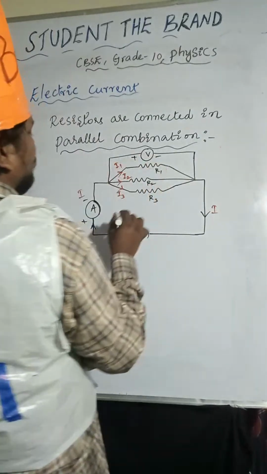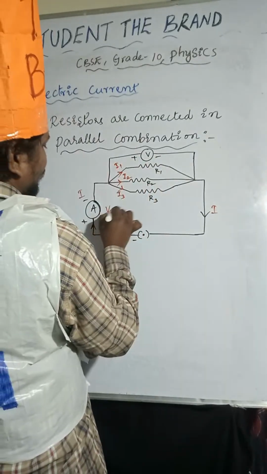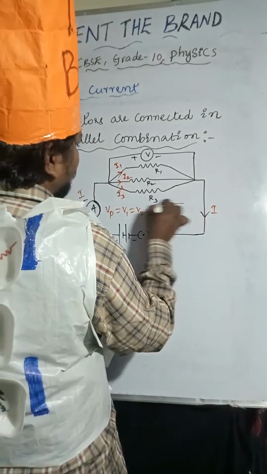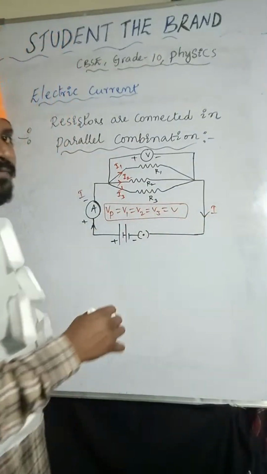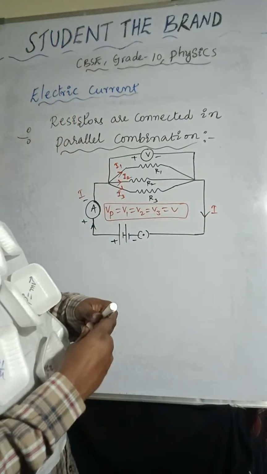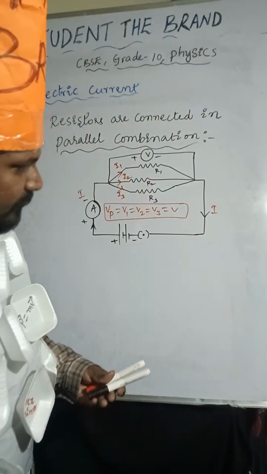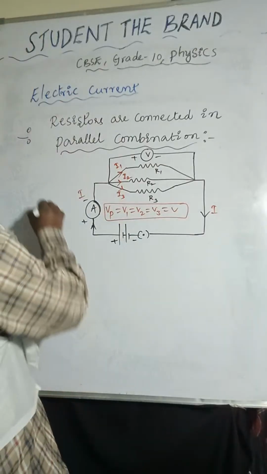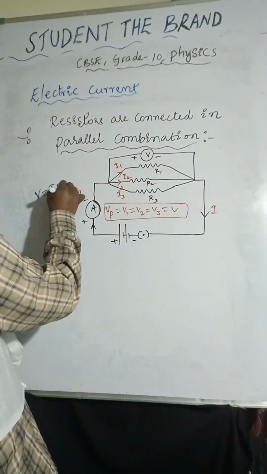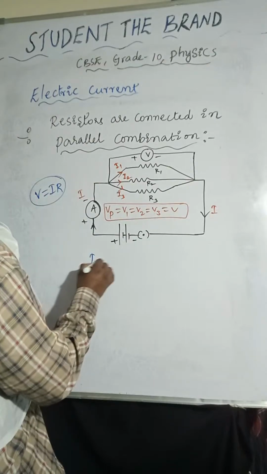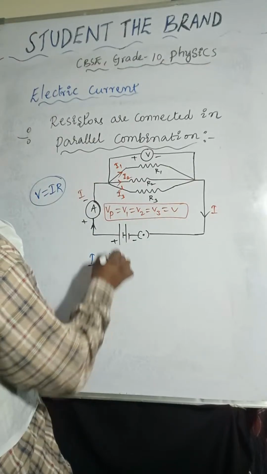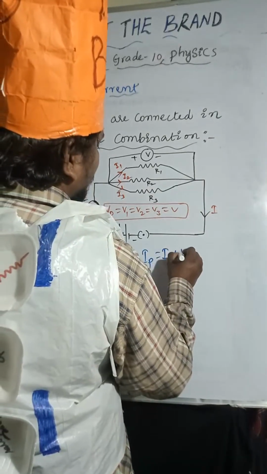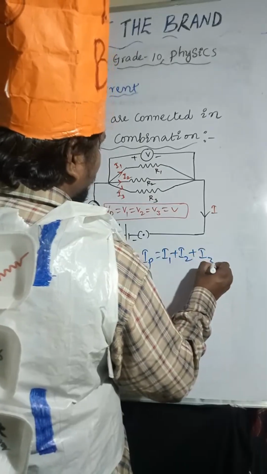In this case, the potential difference Vp equals V1 equals V2 equals V3 equals V. The potential difference is the same. From Ohm's law, V equals IR, so I equals V by R. So Ip equals I1 plus I2 plus I3.